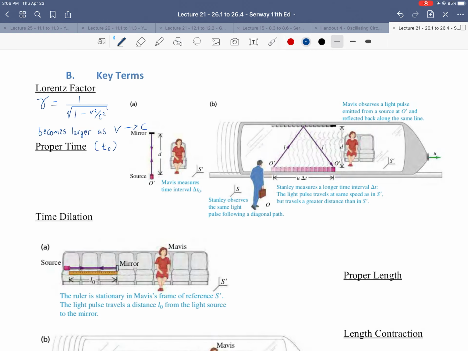clock that worked by dropping a ball every minute, then if I'm in the same frame of reference as that ball drop clock, the clock doesn't move relative to me, and so the proper time between ball drops would be measured by me if I'm sitting in the same room with this clock. Because then the clock isn't moving. All the ball drops, those are the two events or series of events, they all occur at the same location, because the clock is just sitting there in my room.